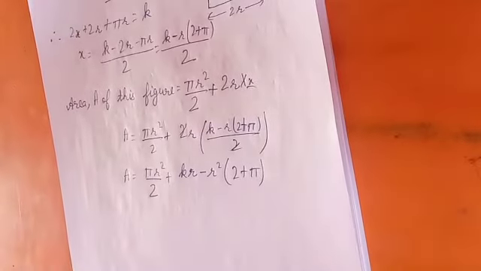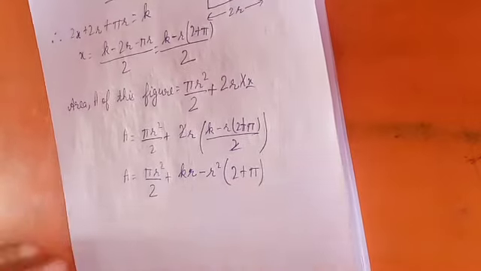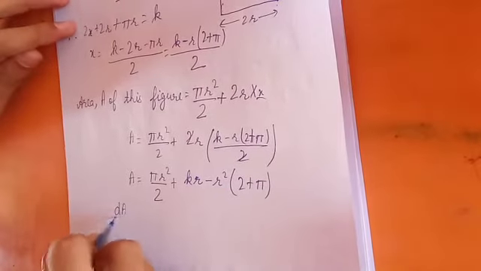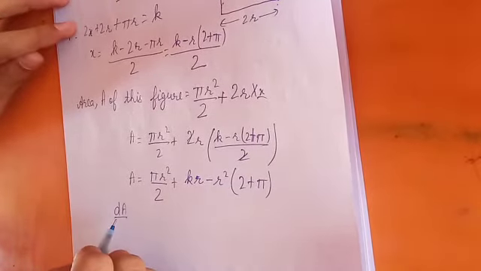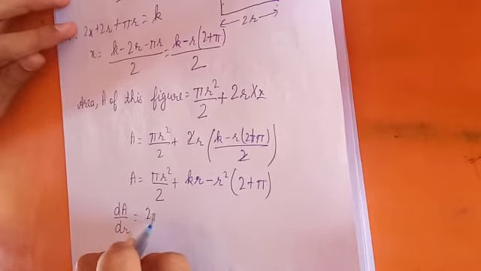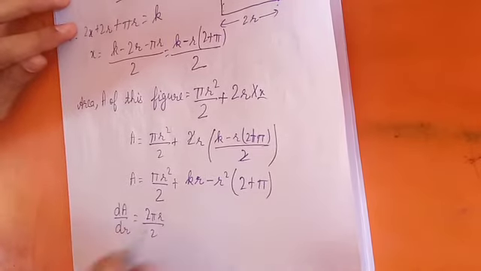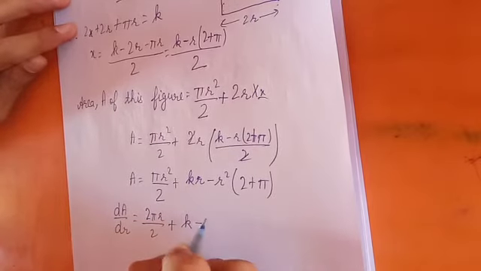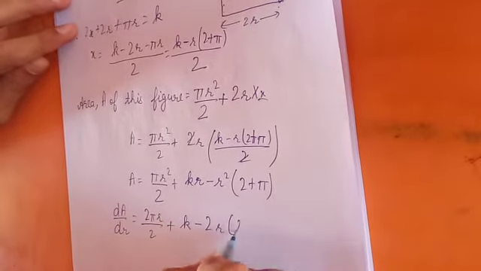Now our area is in one variable, so we can differentiate it. Its differentiation dA by dr will be 2 pi r by 2, of r square will be 2r, plus of kr will be k, minus 2r into (2 plus pi).